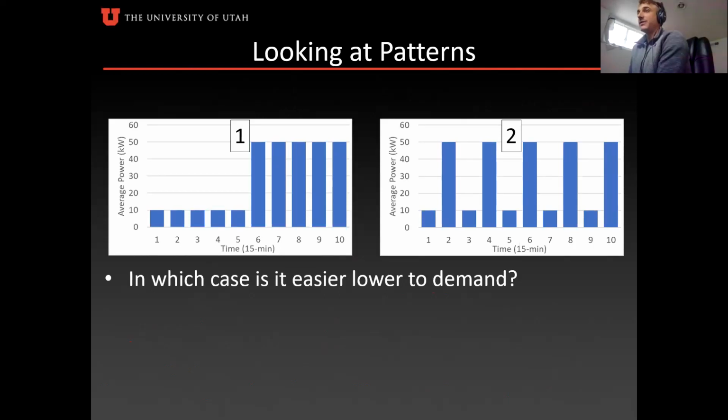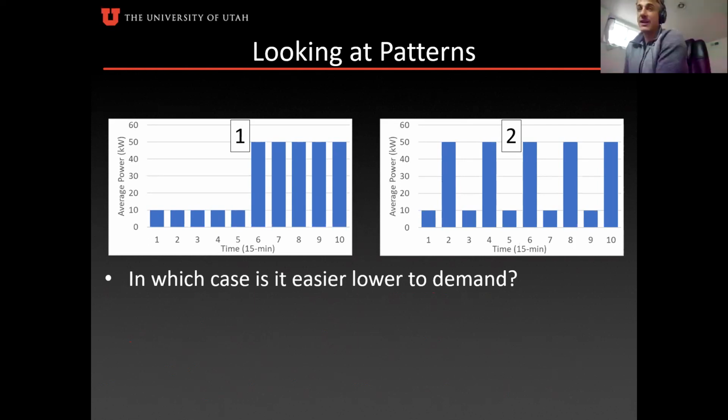This is still only 2.5 hours of data, but you can start to think about what processes might be happening here. On the first one, if they could maybe change a shift and move half of their second half operations to the first half, then that would effectively cut down half of their demand. Awesome.